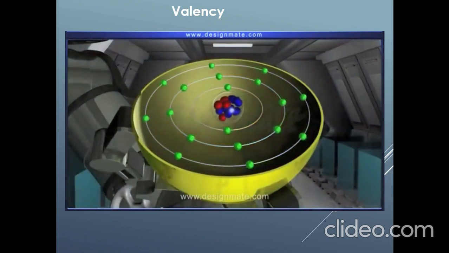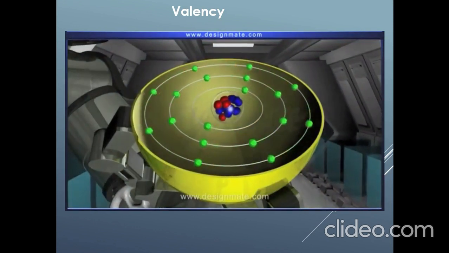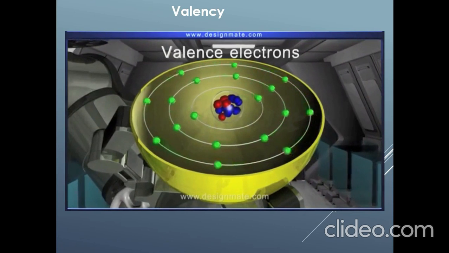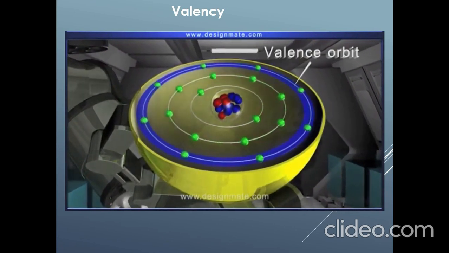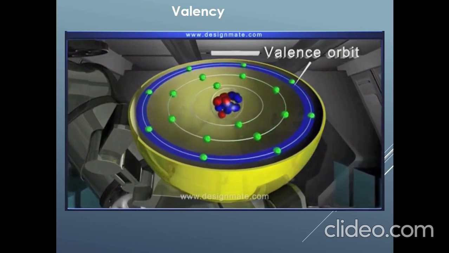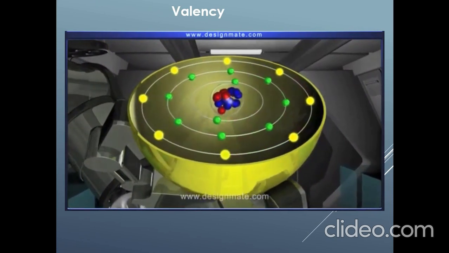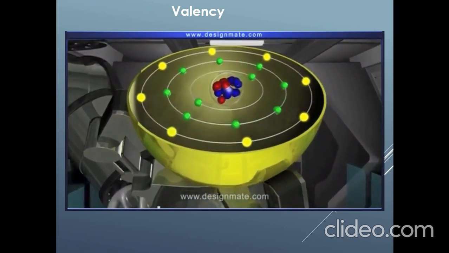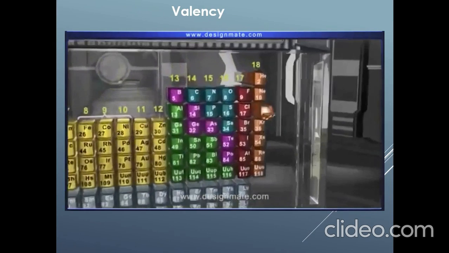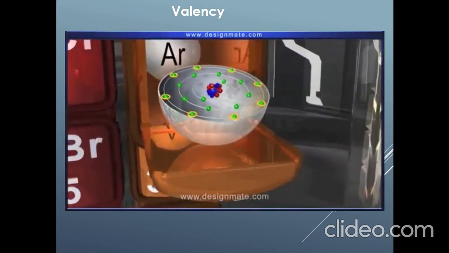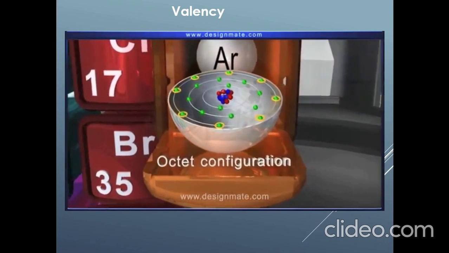The number of electrons present in the outermost orbit are known as valence electrons, and the outermost orbit is called the valence orbit. The maximum number of electrons that can be accommodated in the outermost orbit is 8.